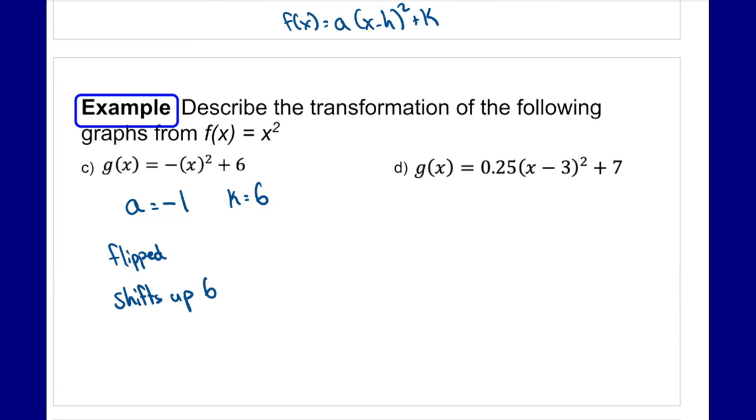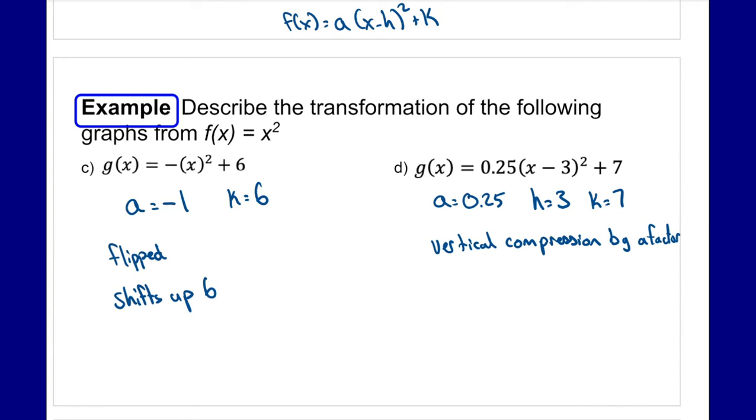And for D, again, same idea. Find those different values. 0.25 for A. H is positive 3, and K is positive 7. So in this case, we have a vertical compression by a factor of 0.25.